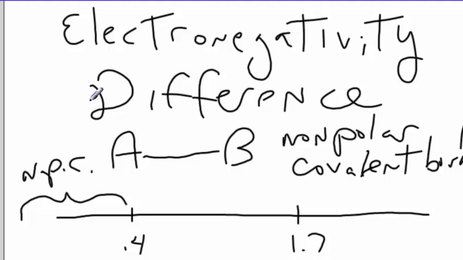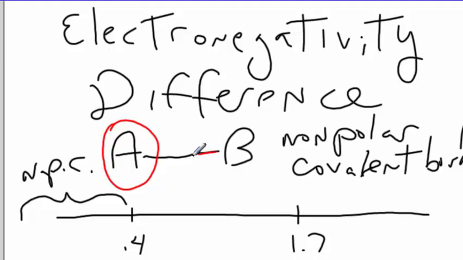So as this electronegativity difference between A and B gets larger, the electrons stop being shared equally. Let's say A here is more electronegative than B. If A is more electronegative, that means A attracts the electrons more than B does.